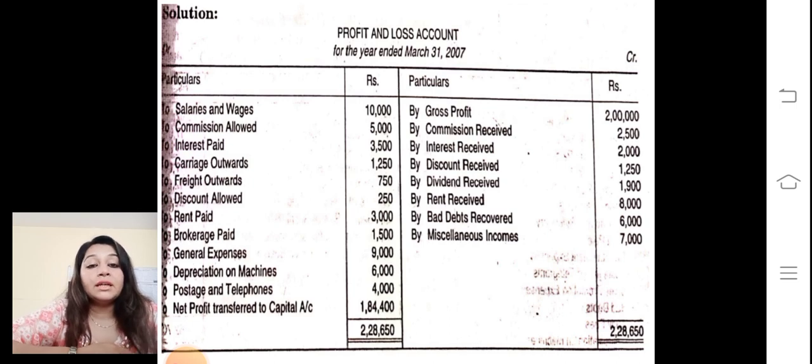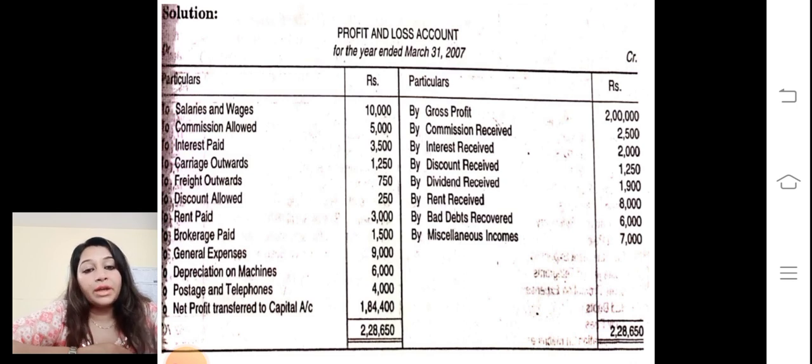On the other hand, if the expense side is more than income, then there will be a net loss. So in this question, your income is more than your expenses, so the balancing figure will come in the left hand side, that is, to net profit, we write transfer to capital account, that is 1,84,400.